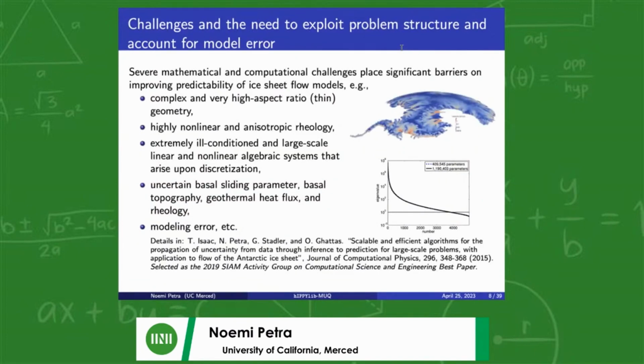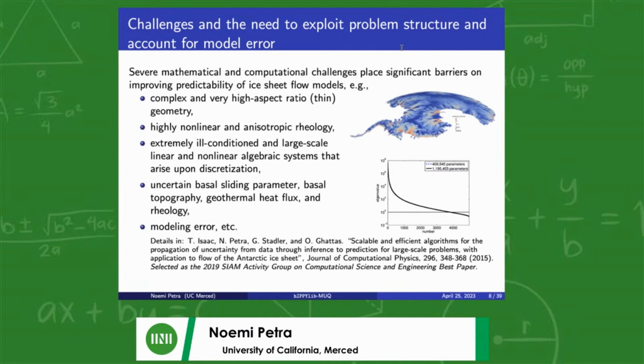So what are the mathematical challenges when solving these problems? For instance, this ice sheet problem, I keep coming back to this because it's one of the most challenging inverse problems I have been working on in the last couple of years. Several mathematical and computational challenges place barriers on improving predictability of, for instance, ice sheet flow models.